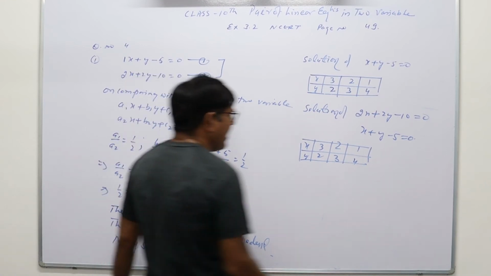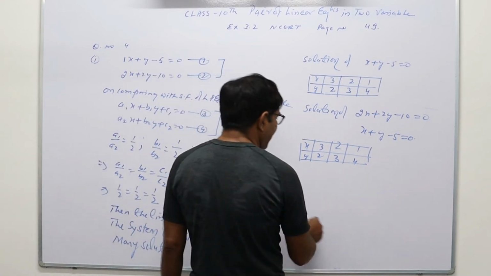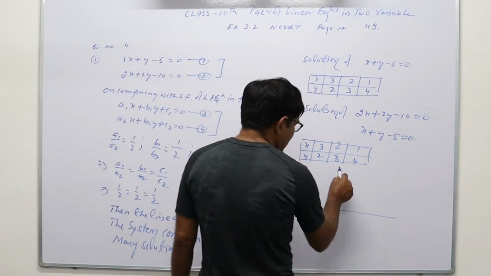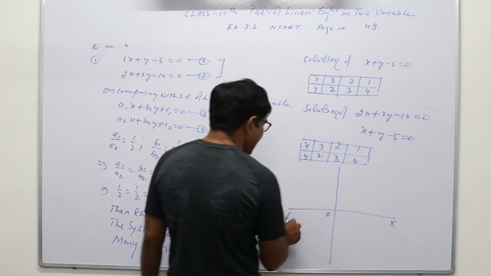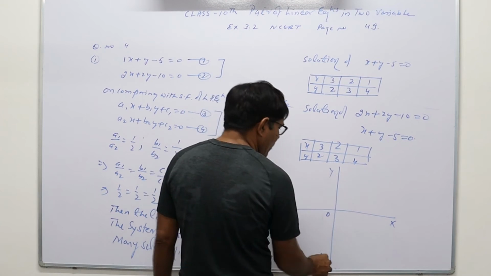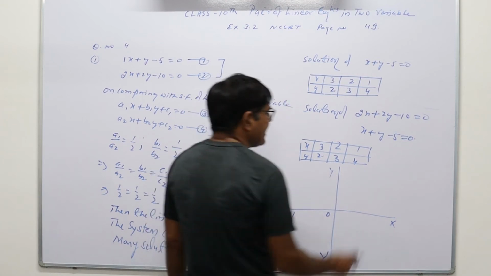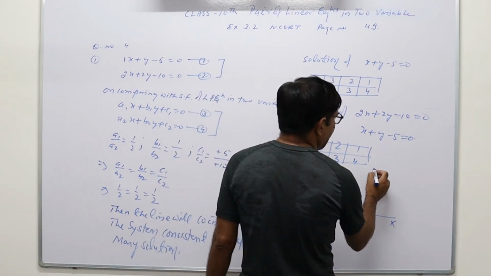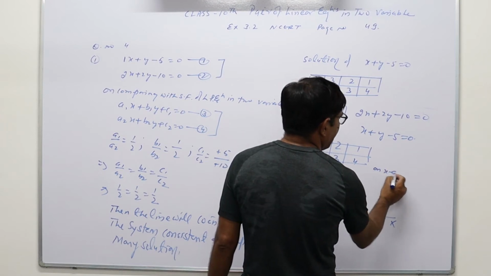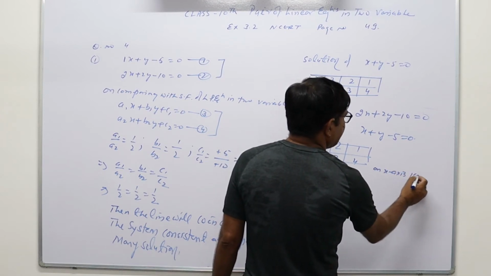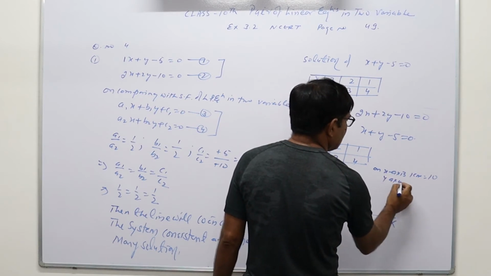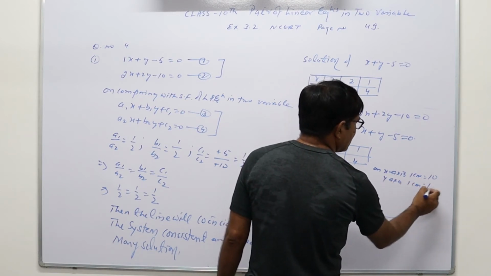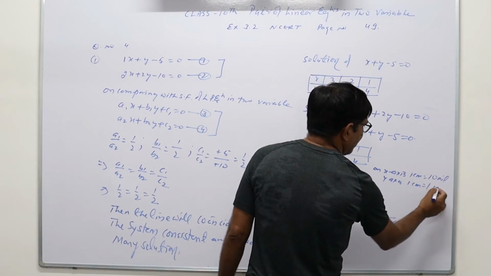Now to draw the graph of these two lines on graph paper, draw two mutually perpendicular lines, let us suppose XOX' and YOY'. Scale: on the x-axis, let 1 centimeter equal 1 unit, and on the y-axis also 1 centimeter equal 1 unit.